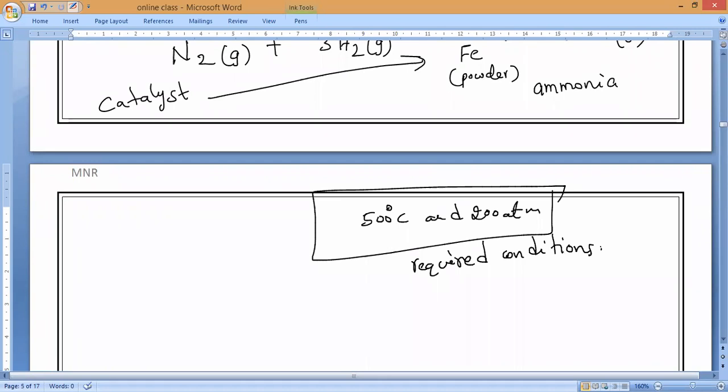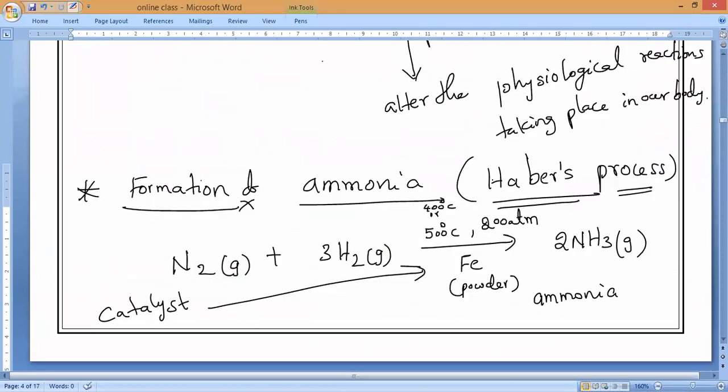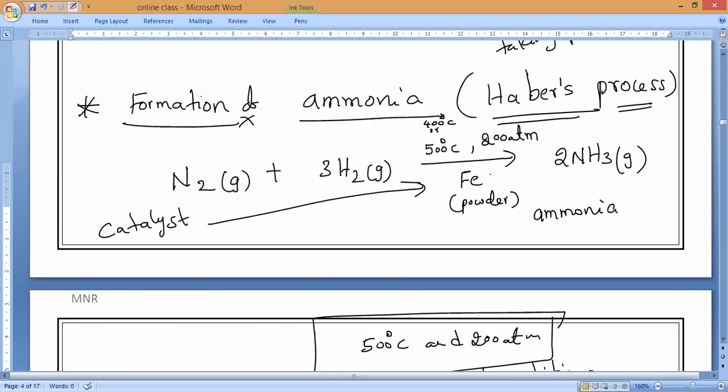Any doubt, anybody, you can note down this equation. Please make it fast. Next, heat is required, so is it exothermic or endothermic? Endothermic. The catalyst we are using in the reaction is just to increase the rate.